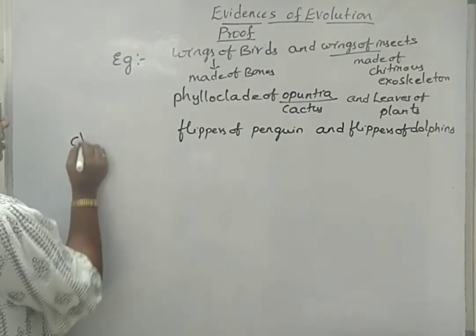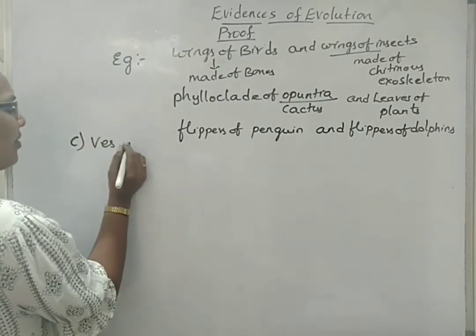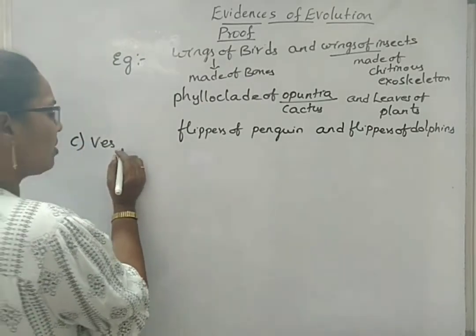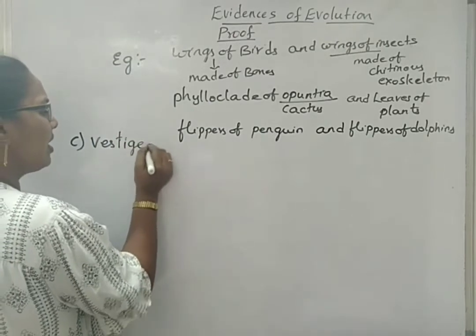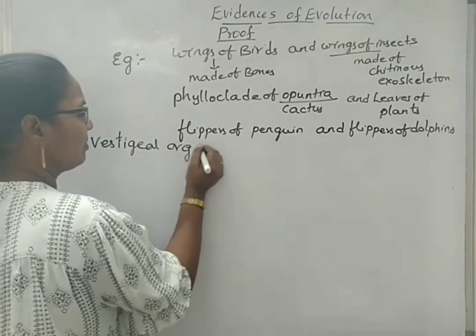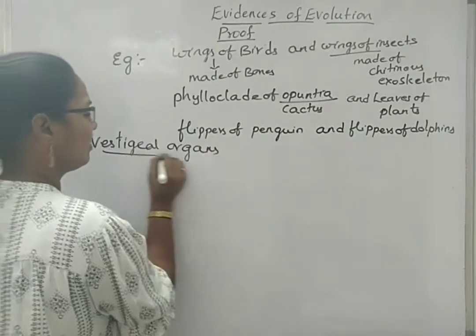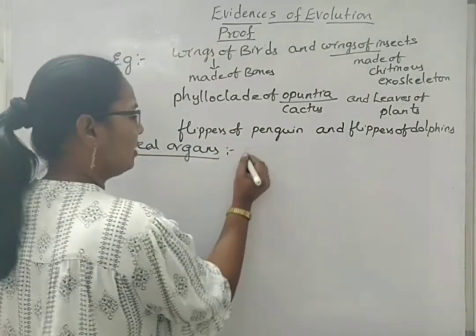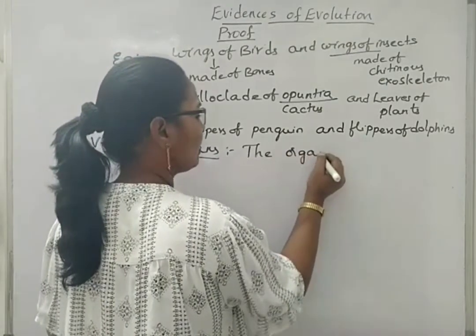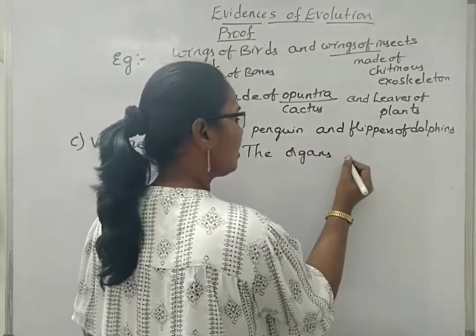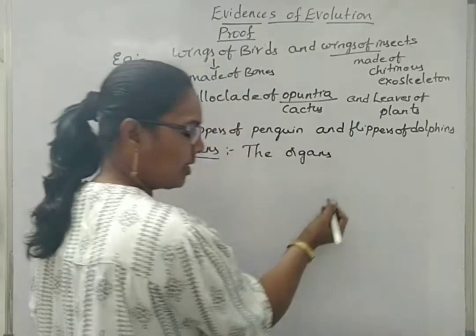So next one is about, after homologous and analogous organs, the third type is vestigial organs. Here, what are vestigial organs? The organs that are functional in ancestors and non-functional in the present generation.